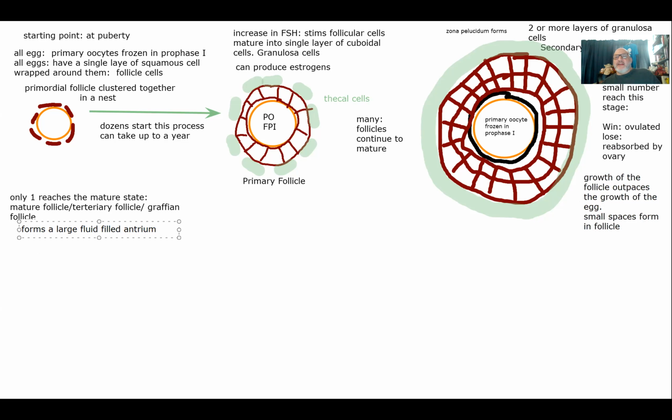So we're going to have to change the scale of our drawing here a bit. Here is our egg. Our egg has continued to grow in size, but I'm having to make this smaller so that it fits. We still need our zona pellucida around the outside.